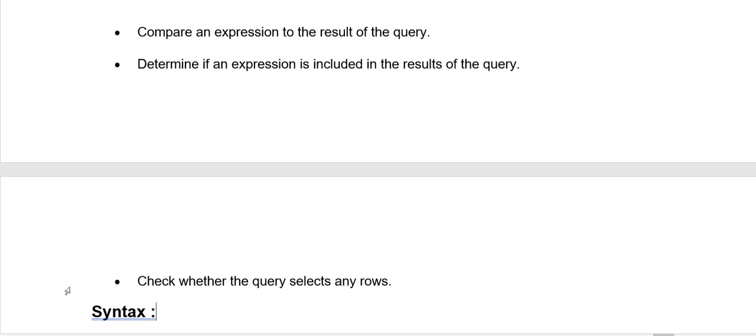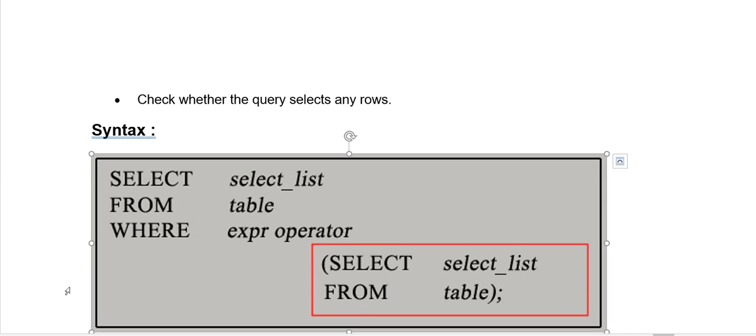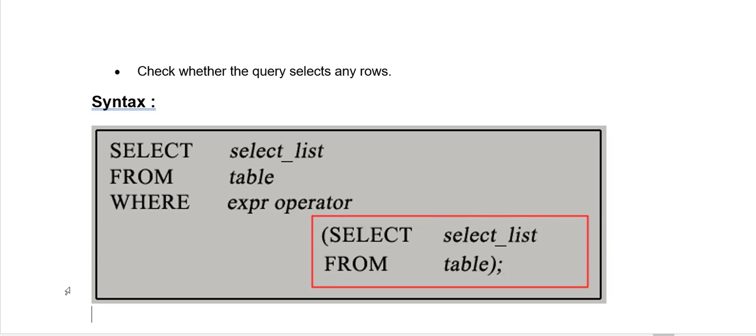Normally the syntax that we use is this way: select, and then we write the select command, that is the subquery, from table, where we can define the expression operator like greater than, equals to, less than, or in, any, or all. Then we go for the select again, a subquery. This is the actual concept of using the subquery. There is a select statement first, and then at the end in the where clause we get another select query.